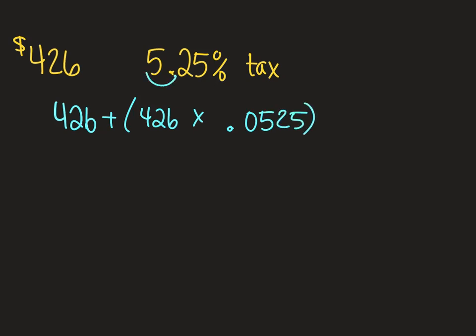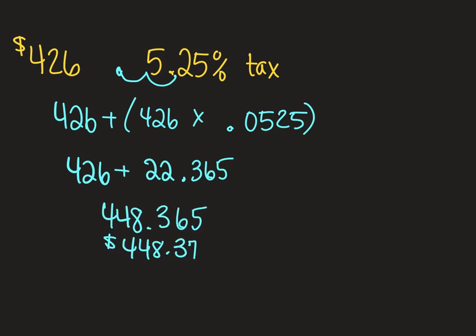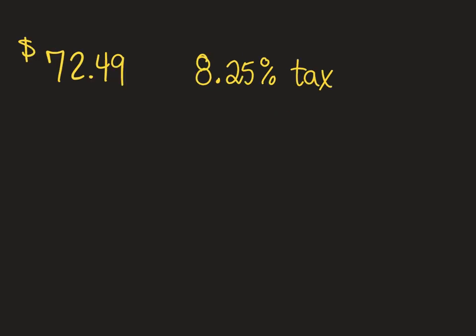Remember, we're hopping twice to the back, so I need one zero placeholder. Next line of work is going to say 426 plus the answer when I typed it into the calculator, which is right here. When I add the 426, I get 448.365, 36 cents with a neighbor of 5 rounds up to 37 cents.